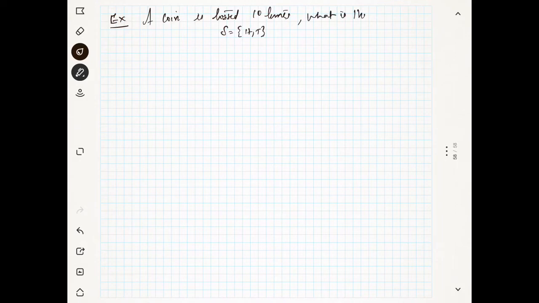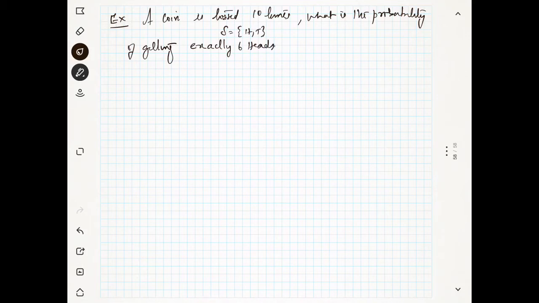Next we will consider an example. A coin is tossed 10 times. You have a coin with a sample space of head and tail, and it has been tossed 10 times. What is the probability of getting exactly 6 heads?